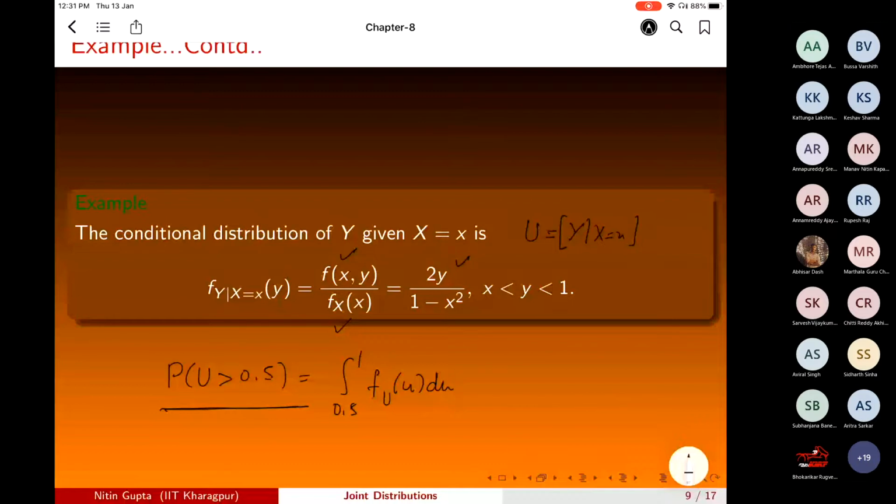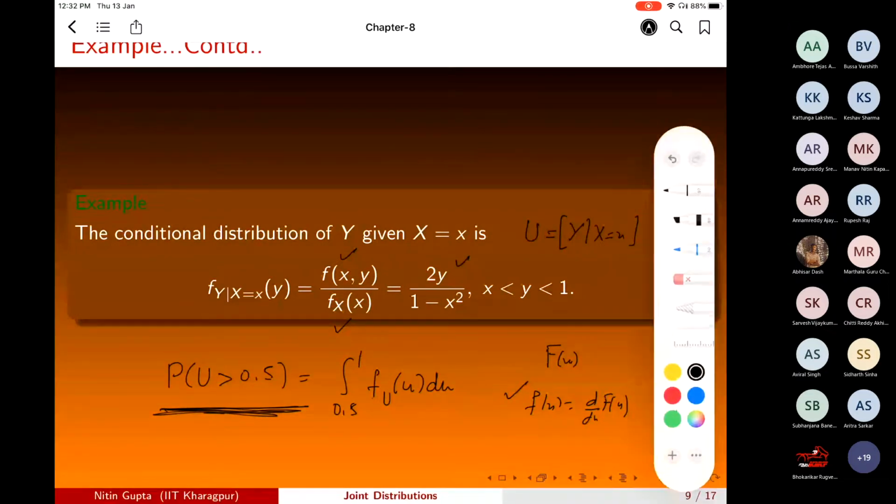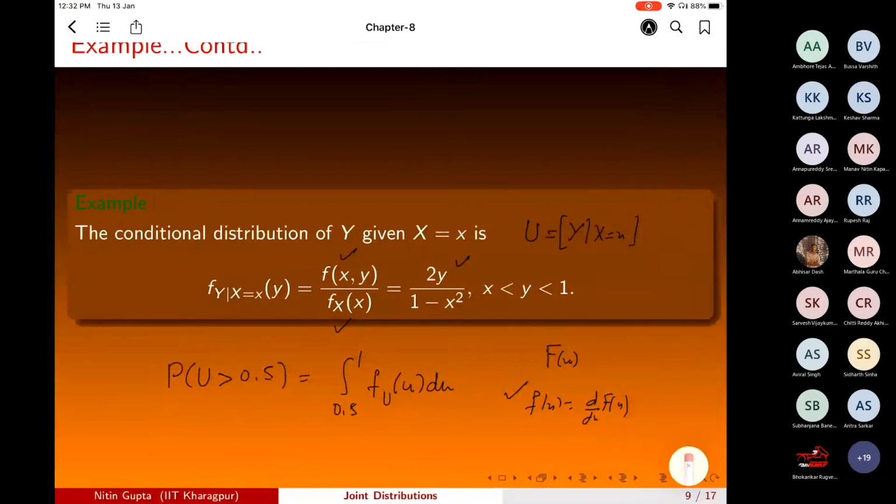Because they are used to find the probabilities, and mean and variance, etc. Because you have the CDF, and the derivatives of CDFs are known as probability density functions. So probability density functions are used to find probabilities, but as such they don't represent any probability. But you can find probabilities using these. Yes, sir, understood.